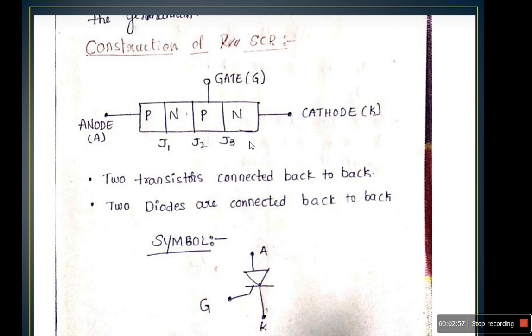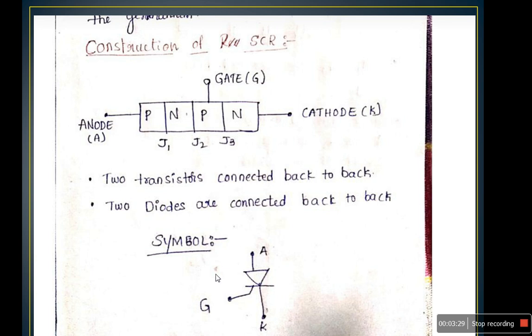If you observe the construction of SCR, it looks like 2 transistors connected back to back. The first transistor is PNP and the second transistor is NPN. Or it looks like 2 diodes connected back to back, the 2 diodes being PN and PN.